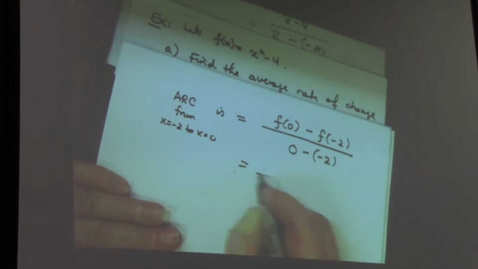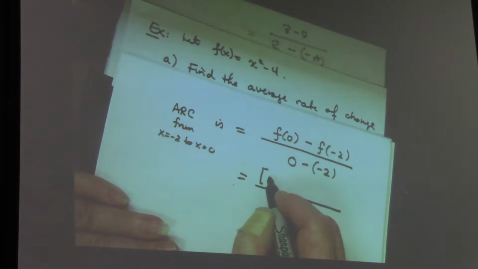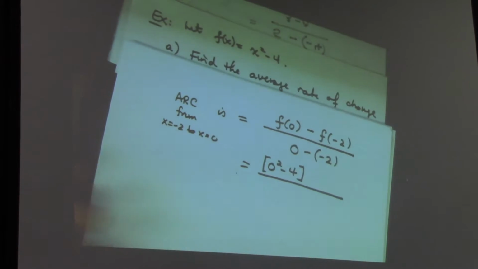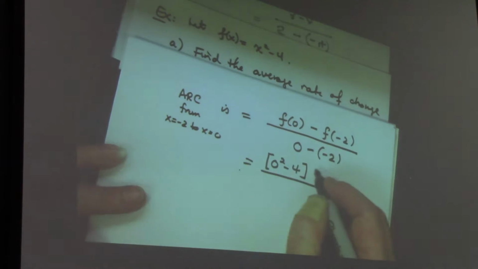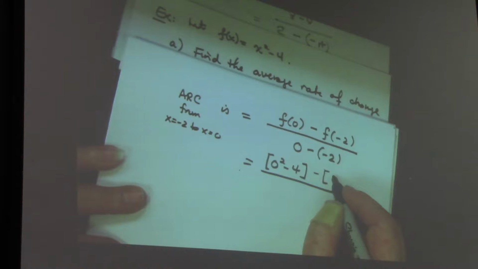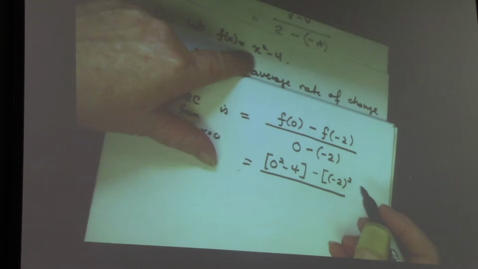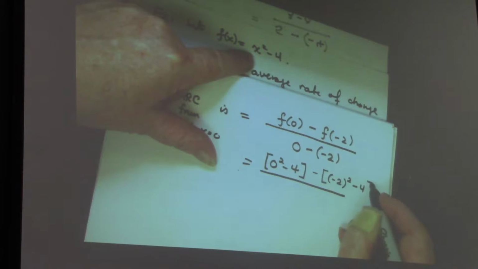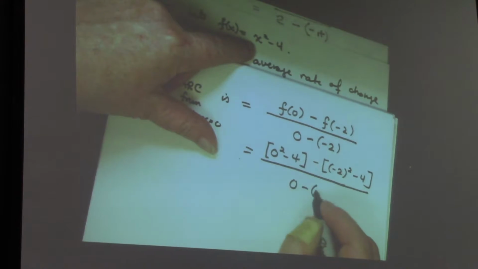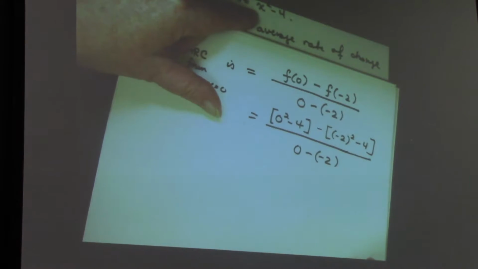F of 0, well, that was, you know, 0 squared minus 4, so that's -4. F of -2, minus the squared. So -2 quantity squared minus 4 over 0 minus -2, which of course will be plus 2.